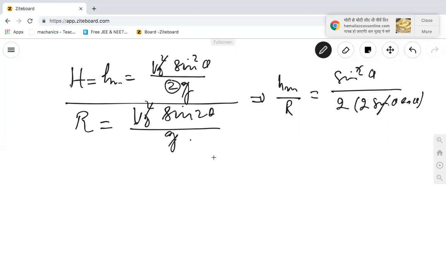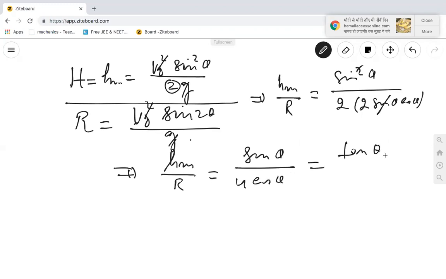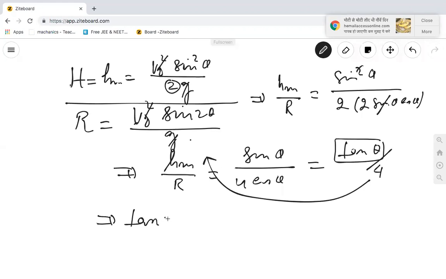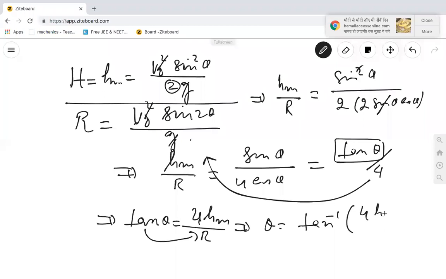One sine theta goes, so hm by r is sine theta by 4 cos theta, that is tan theta by 4. Now what is tan theta equal to? The 4 will go here, so tan theta is equal to 4hm by r. So theta is equal to tan inverse 4hm by r. That is your answer.